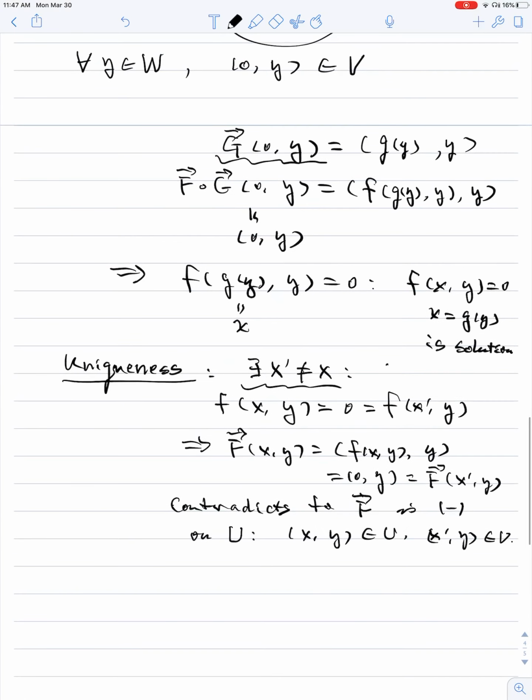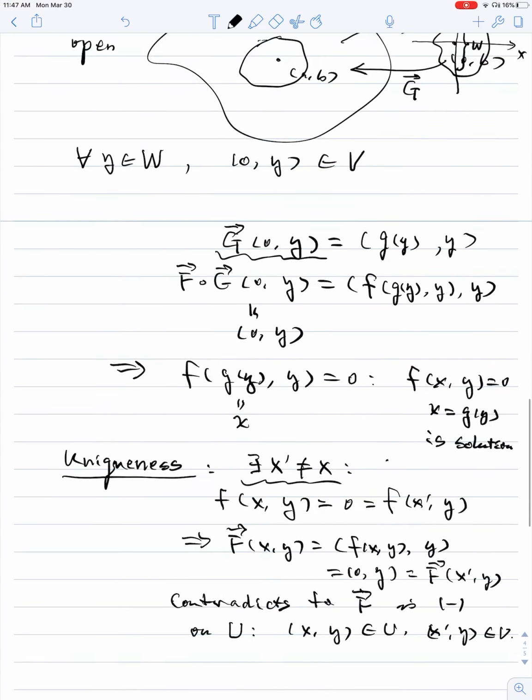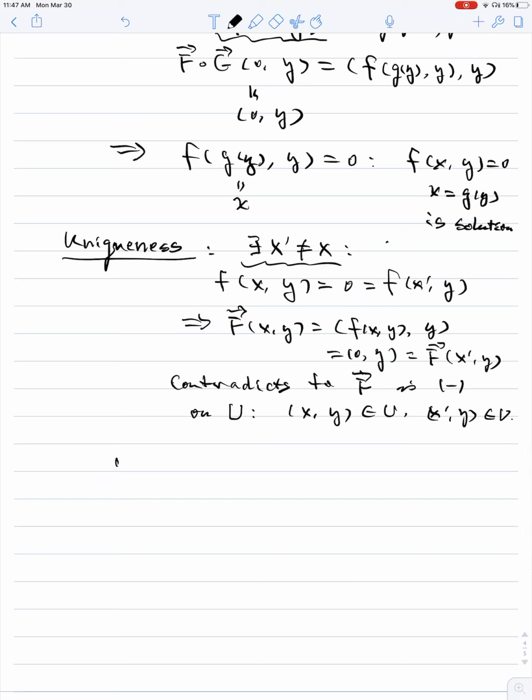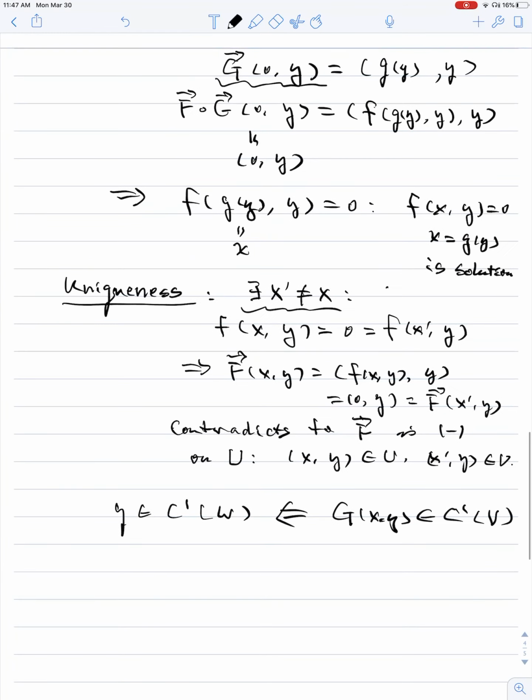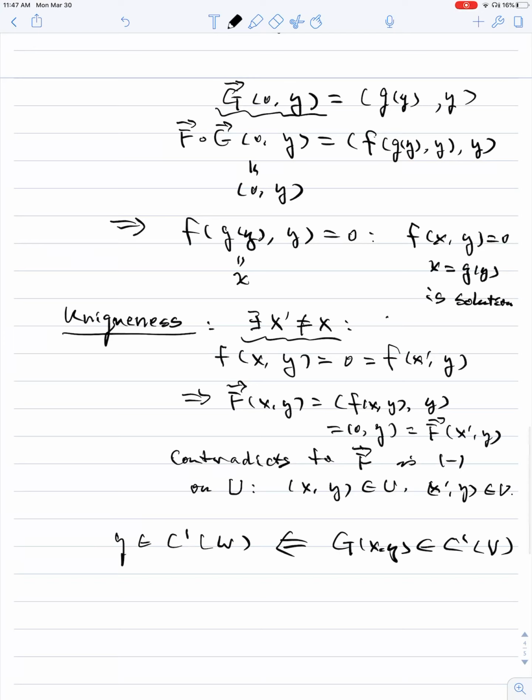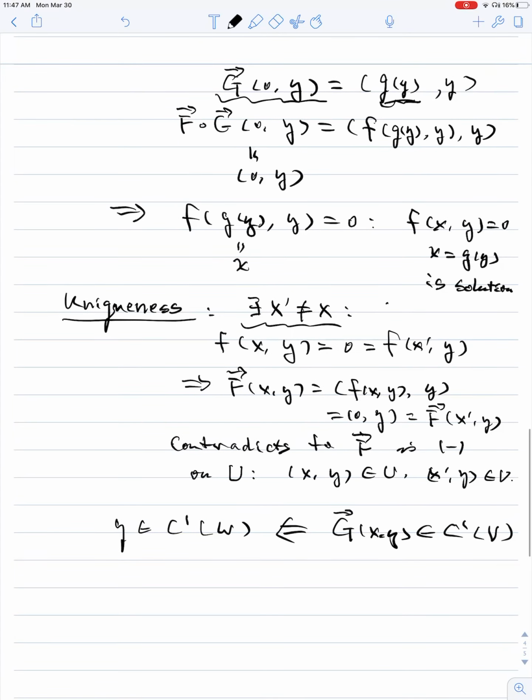We just need to prove that g is C1 on W. This comes from the fact that capital G(x, y) is C1 on V, because g is just the first component of capital G. So if capital G is C1, then g must be C1.